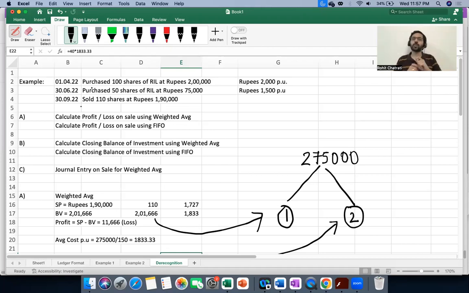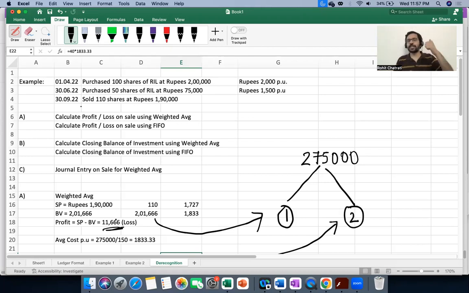The second part is I will further do loss on sale of investment, because over here I had a loss, and losses you debit, right? Credit all gains, debit all losses. Over here you have a loss, therefore you will do loss on sale of investment. The loss was 11,666. So you will debit loss on sale of investment 11,666, credit investments 11,666.